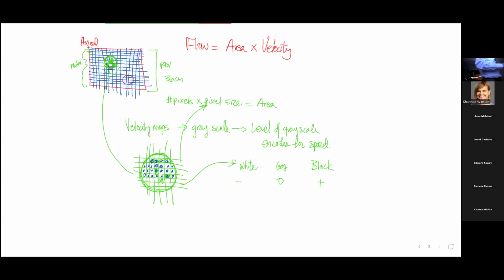If we're doing echo, what does echo do? Well, echo is a beam that goes and measures the highest velocity and assumes parabolic flow, and it estimates what all these other pixels are. Whereas with MR, what it's doing is accurately measuring the velocity in every single one of these.